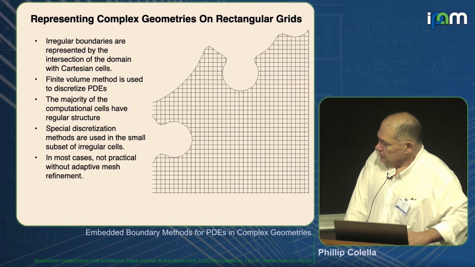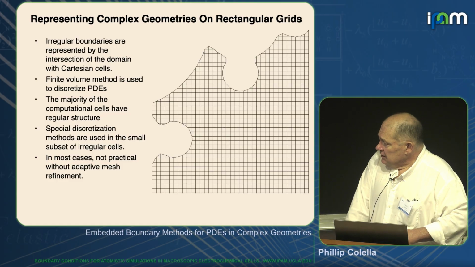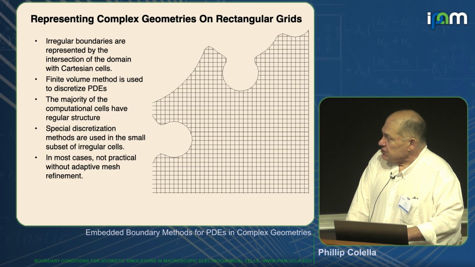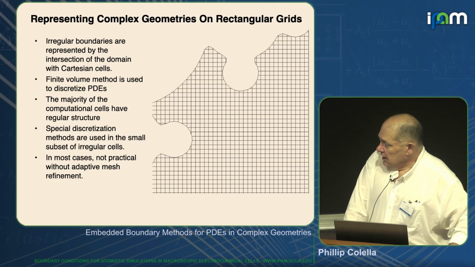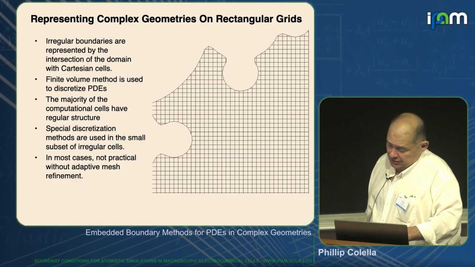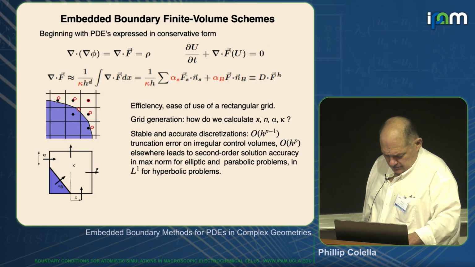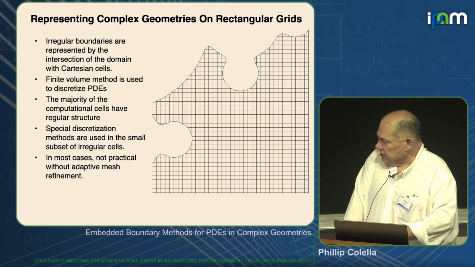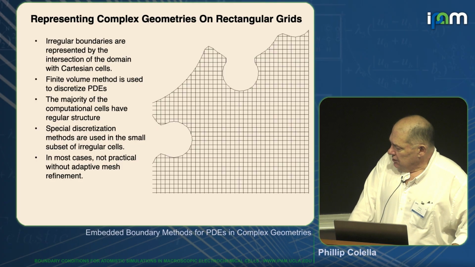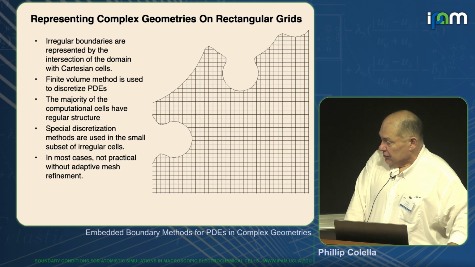Now, you can still apply the divergence theorem to integrate over these irregular control volumes. Most of the time, though, you're integrating over your regular rectangles, and you know how to do that.